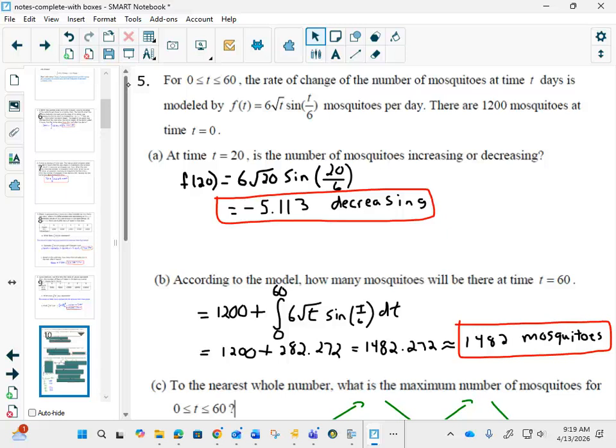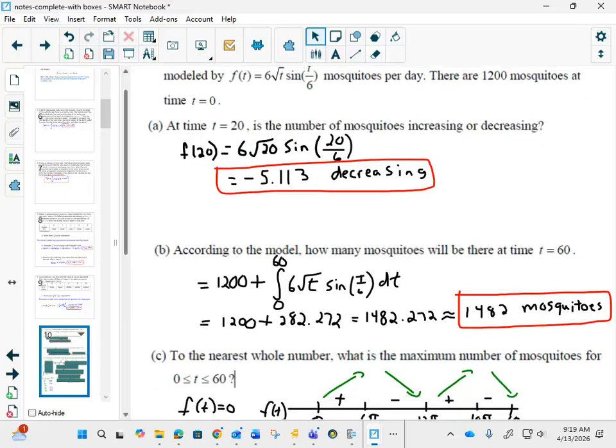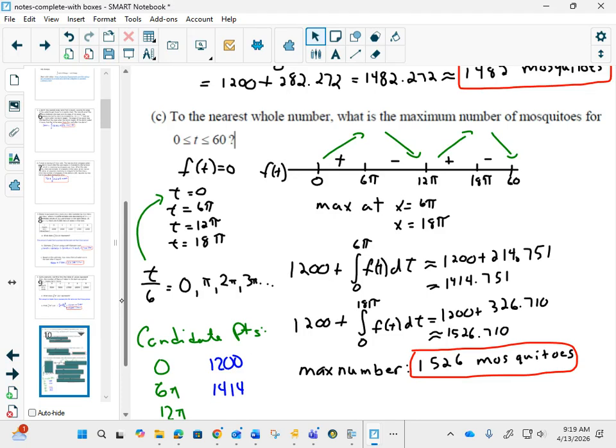But nowhere in this question did it say continuous, so they might have taken off a mark in part C because I didn't explicitly state that my function is continuous. I just assumed it.